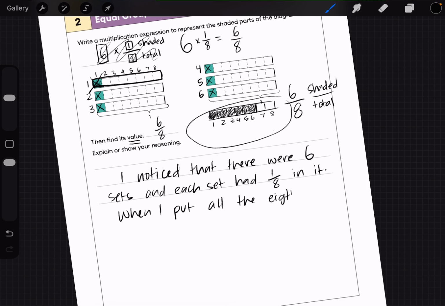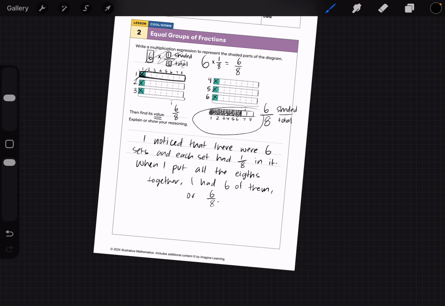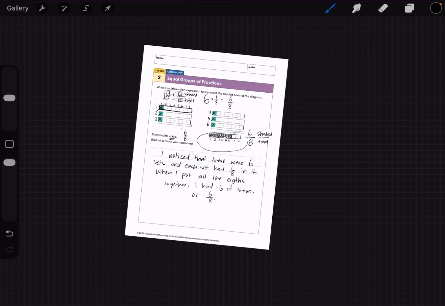When I put all the eighths together, I had 6 of them, or 6/8. There's more than one way to explain it. That's just how I chose to explain it.